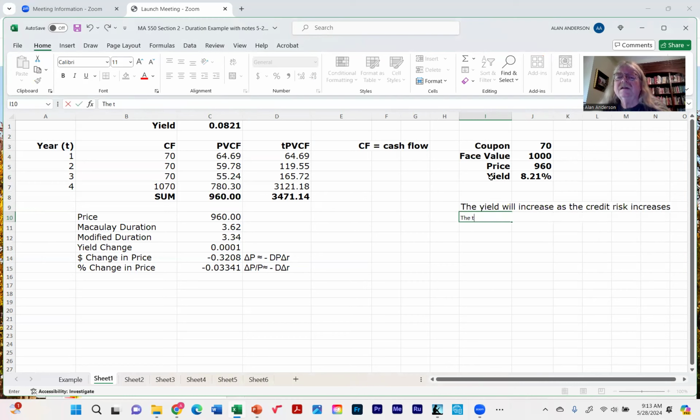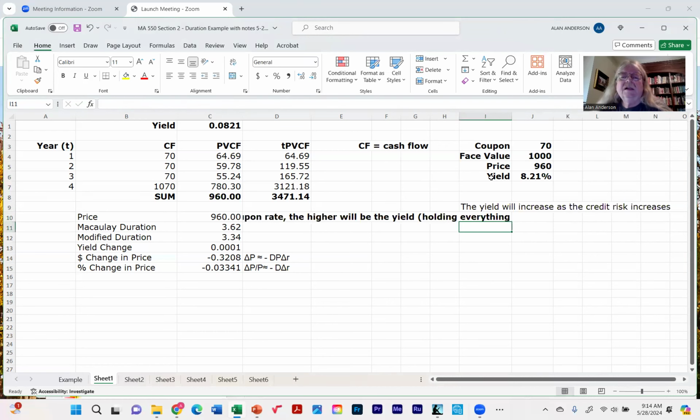The higher the coupon rate, the higher will be the yield. Holding everything else constant, of course. I don't know what's going on here. It's set up. Yeah. Okay.